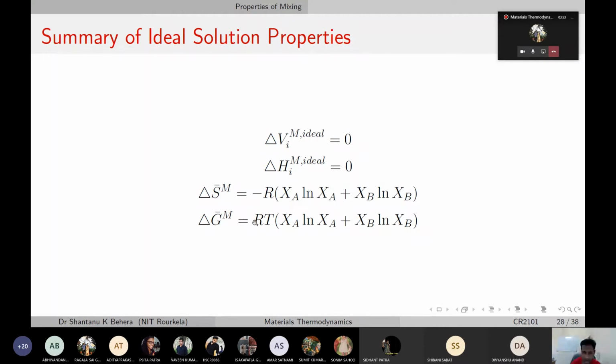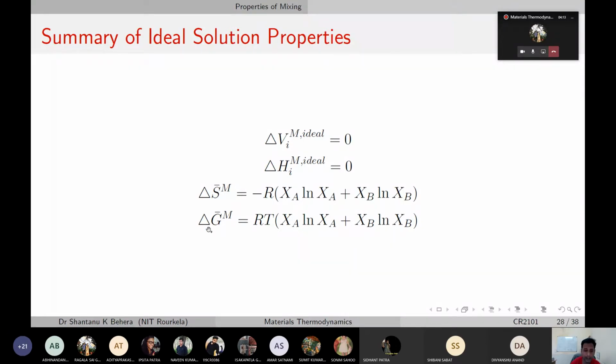Don't worry about the signs here, or be mindful about the signs. Del S, the change in entropy here, the formula comes with a negative sign, but the fact that the log term itself is negative makes this quantity positive.